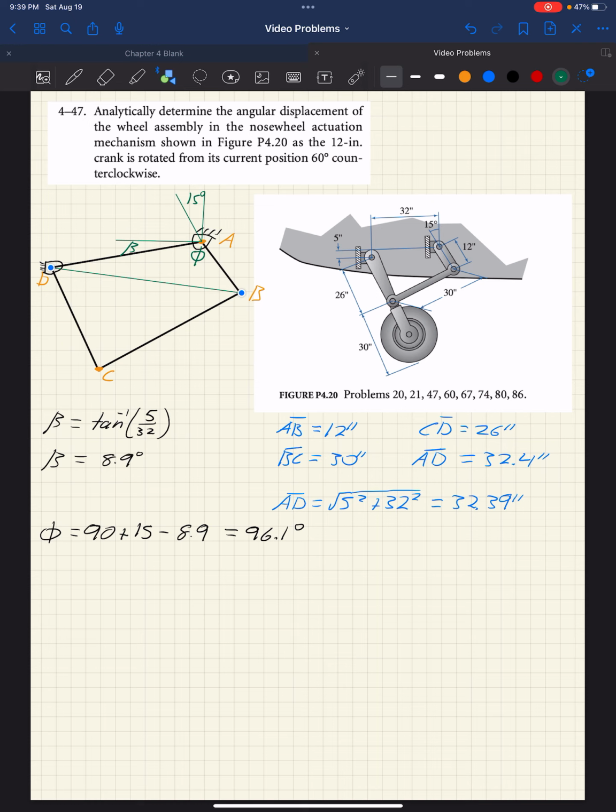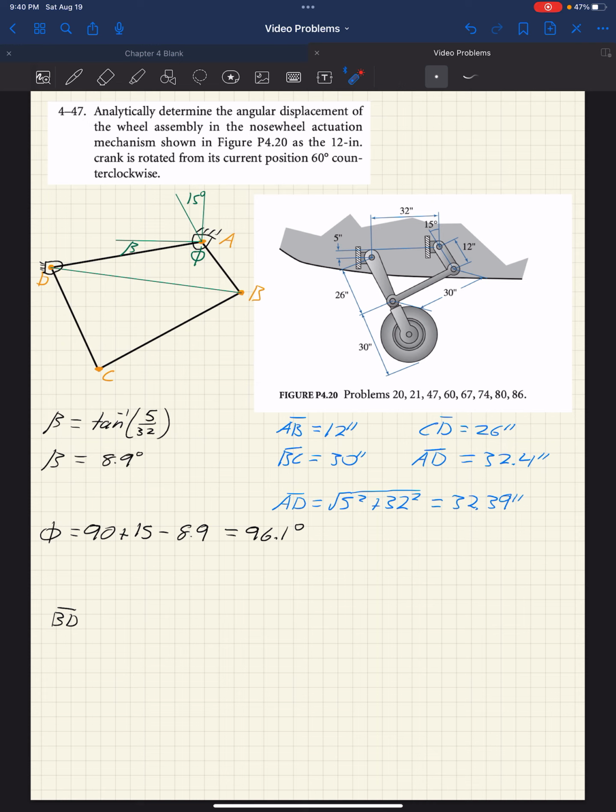So if we wanted to know the length BD, well, how would we go about doing that? Well, we know the length AD, and we also know the length AB, but we also know this angle phi, so we could use the law of cosine.